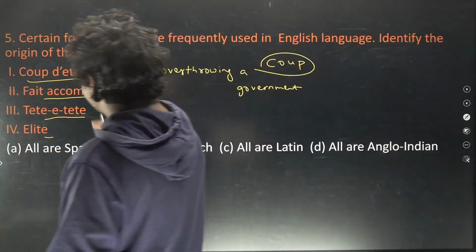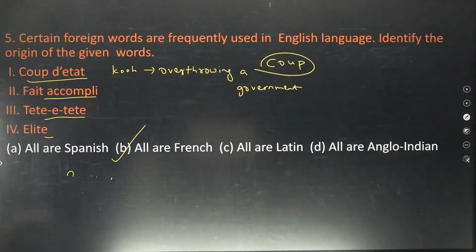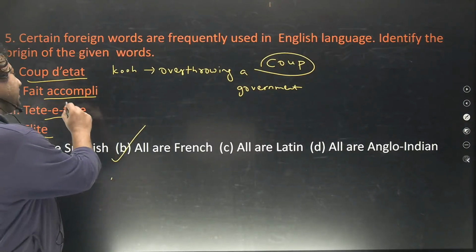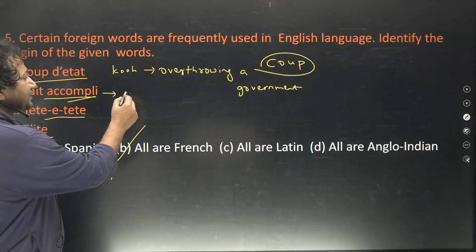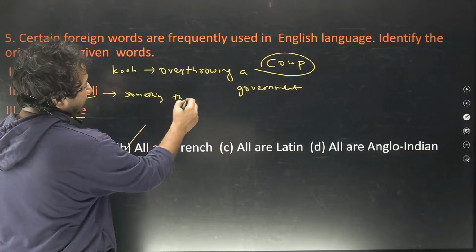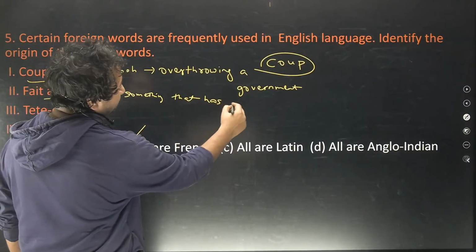Coming to this, fait accompli. What is fait accompli? So it looks like accomplished, something like that. This means something that has already happened.